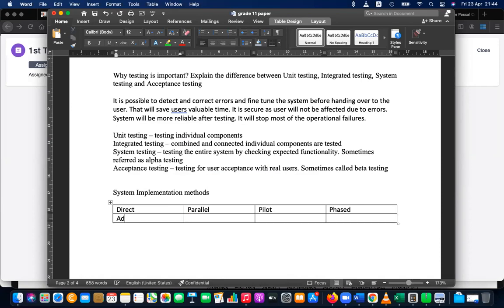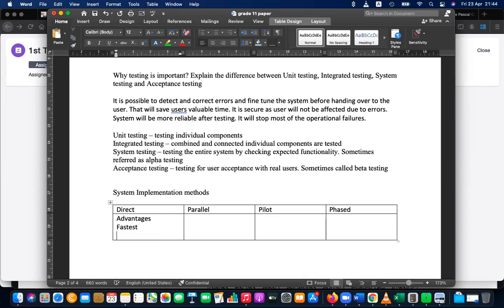So, advantages of each. Direct implementation is faster. It's the fastest one, and that is an advantage.